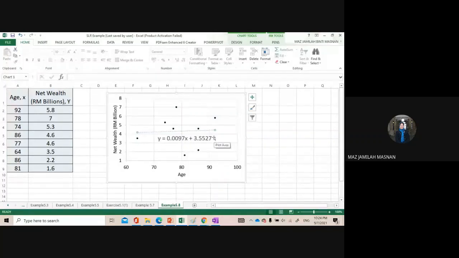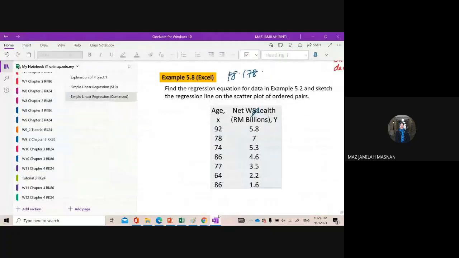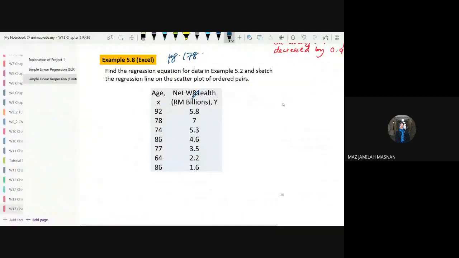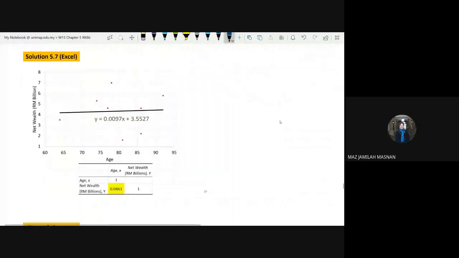So in this case, your beta 1 hat is 0.0097 and beta naught hat is 3.5527.